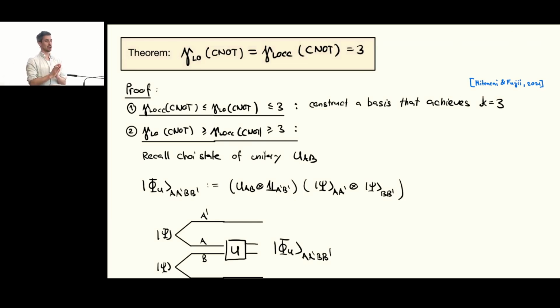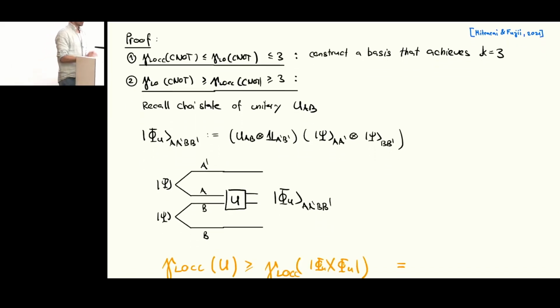You give a protocol or a quasi-probability decomposition which achieves an overhead of 3. For the CNOT, one has been proposed by two Japanese researchers. They didn't know that this is the optimal one, but they proposed a method to decompose it, and it turns out they achieve 3. Now the other point, which I like a bit more, is the more information theoretic argument, which is the converse, right? Showing you cannot do better than 3.